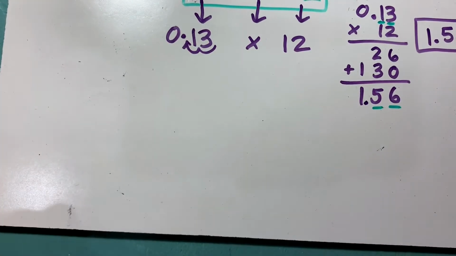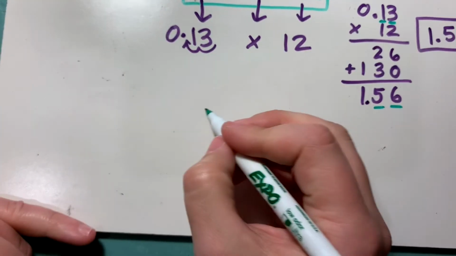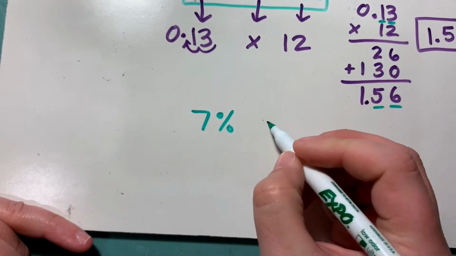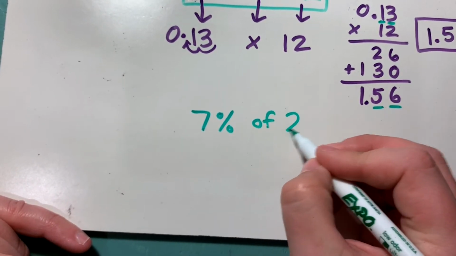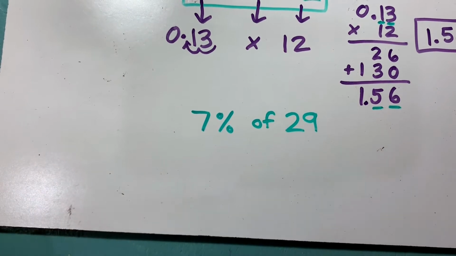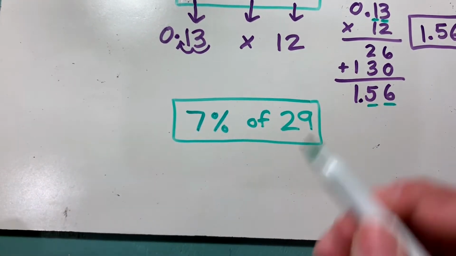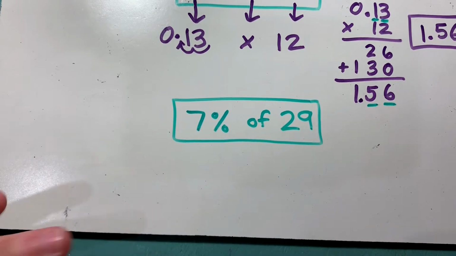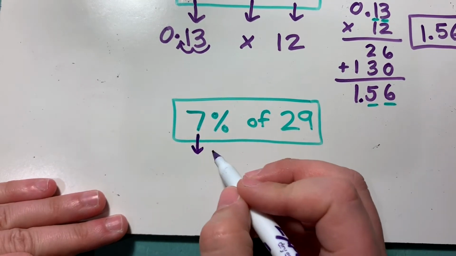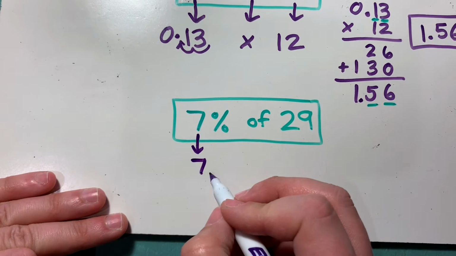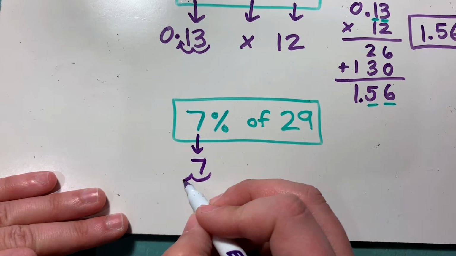All right, let's do another example. Let's find 7% of 29. So again, my first step is I'm going to turn 7% into a decimal. So I'm going to move the decimal 2 times.